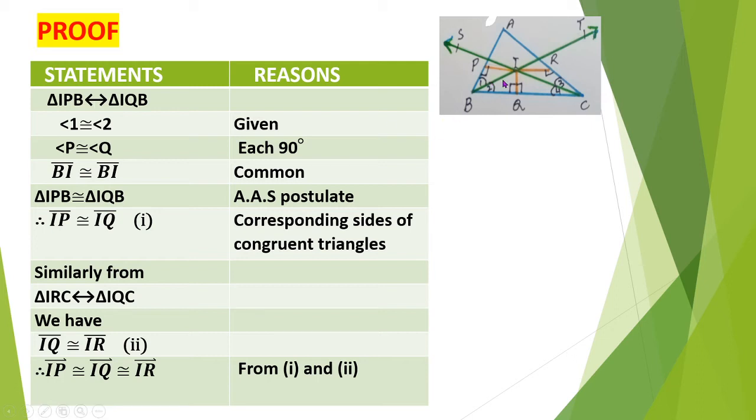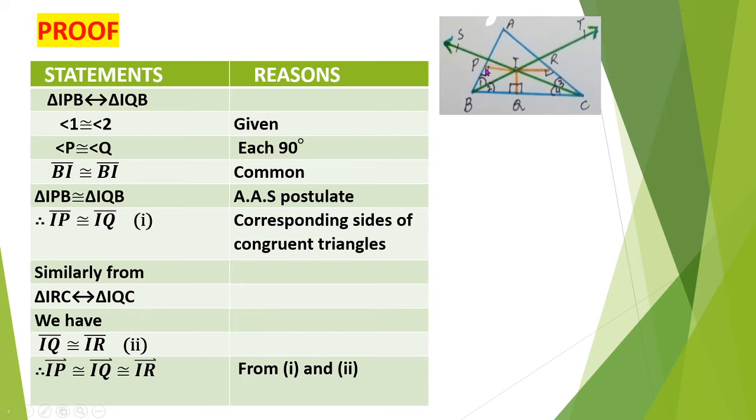In these two triangles, angle 1 is congruent to angle 2 because BT bisects angle B into two equal parts, angle 1 and angle 2. So the reason for this is given.